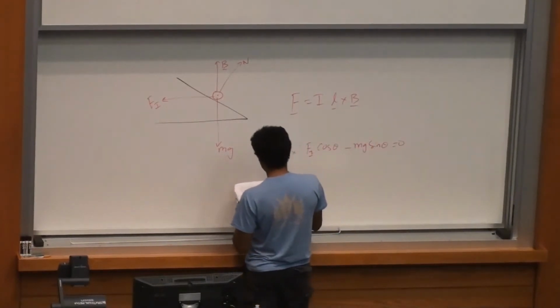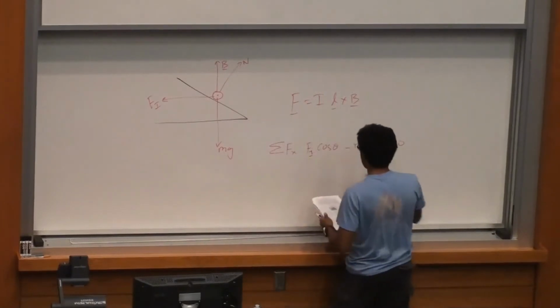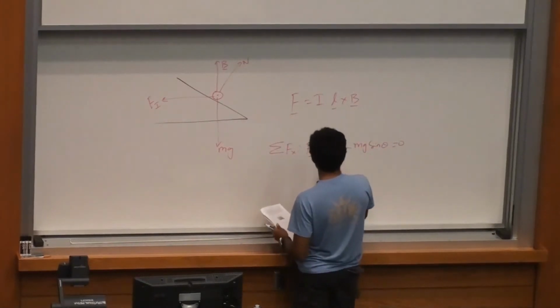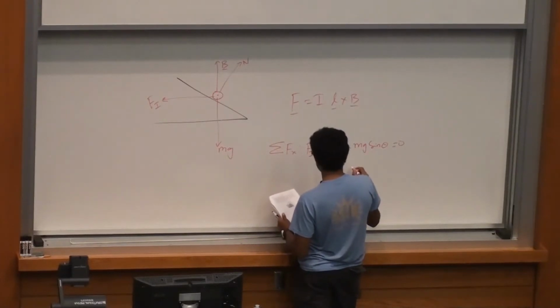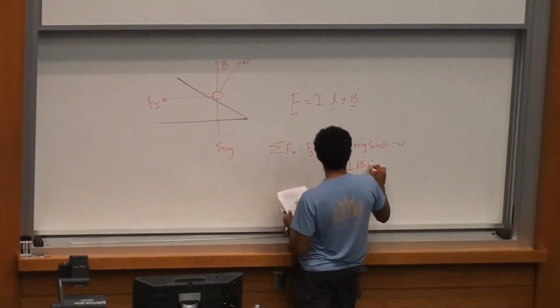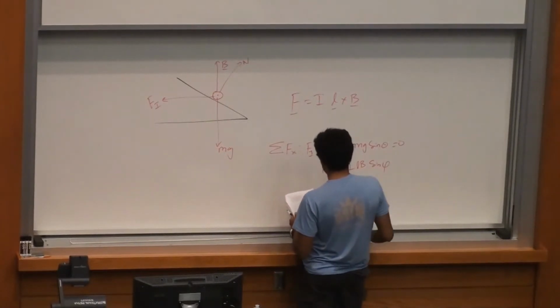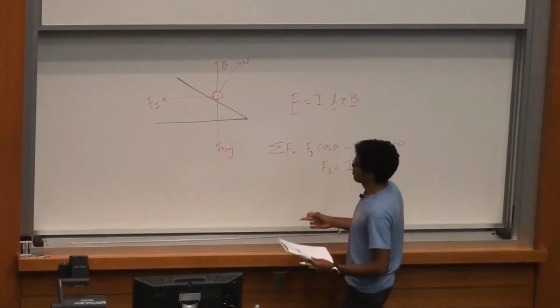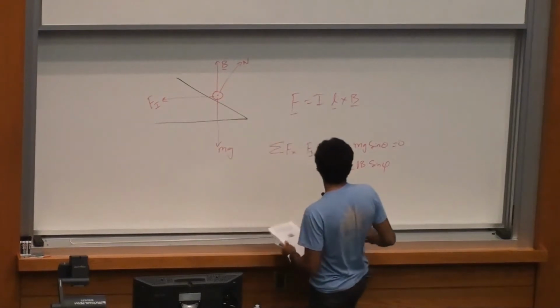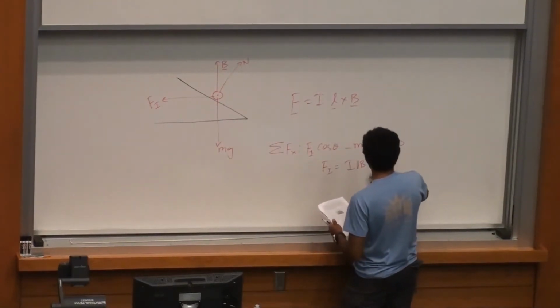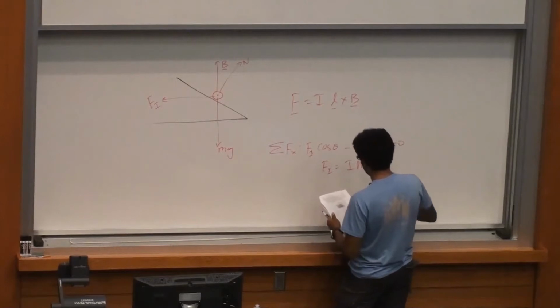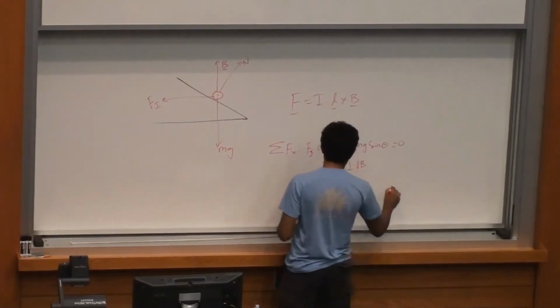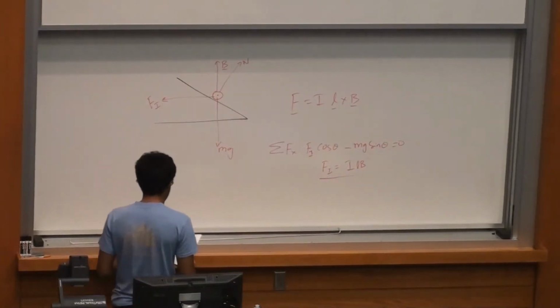Or before we do that, I can solve for Fi here. So Fi equals I L B sine of theta. So this theta we know is 90 degrees because they're perpendicular, this force and the current. So we know that this is pi halves, so therefore this term goes away to 1. So this is my force due to the current.